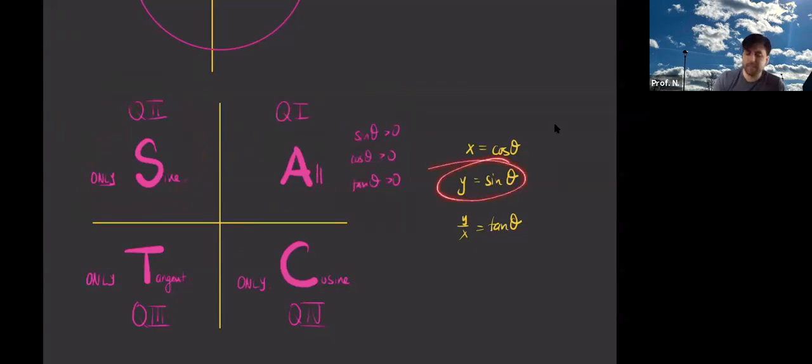So only sine is positive. Everything else has to be negative. In the third quadrant, the x and y coordinates are negative, so only tangent is positive, because a negative divided by negative is positive, but each of these individually will be negative. And in the fourth quadrant, only the x values are positive, the y values are negative, so sine is negative, tangent is negative, but cosine is positive. That's how it works.